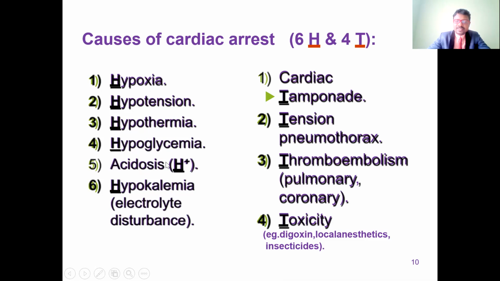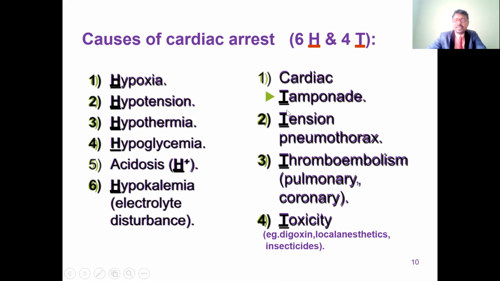Acidosis, that is increased hydrogen concentration. And hypokalemia, an electrolyte imbalance, especially decreased potassium levels. These 6H's are the major causative factors for cardiac arrest.